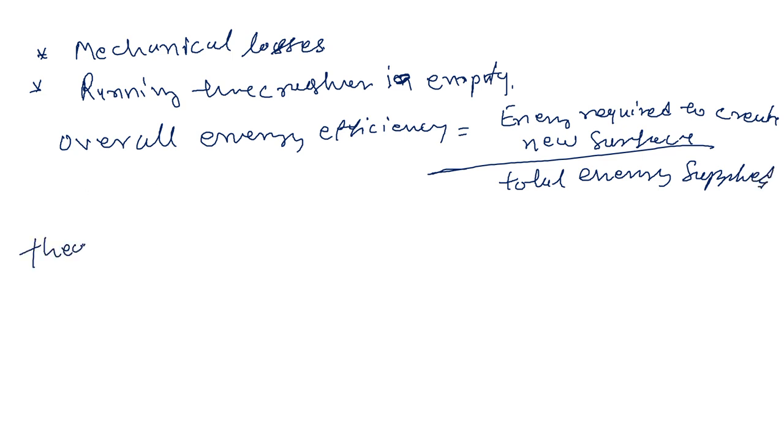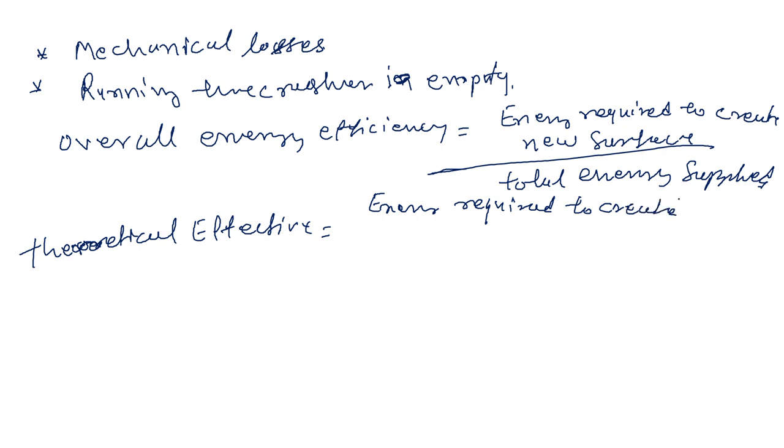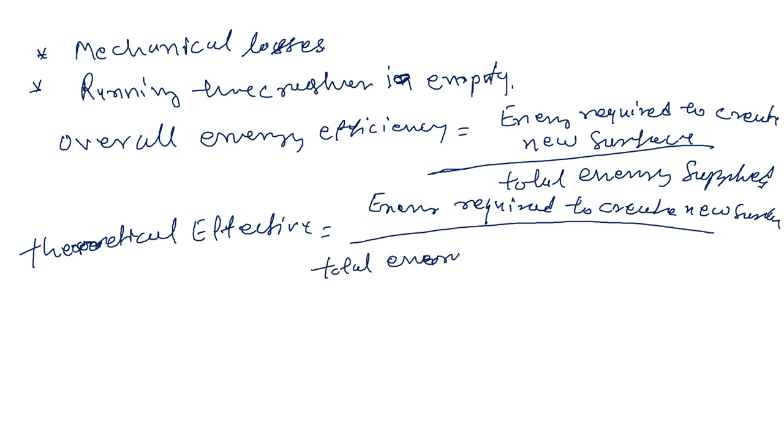The theoretical effectiveness is the energy required to create new surface divided by the total energy supplied minus the energy for running empty.